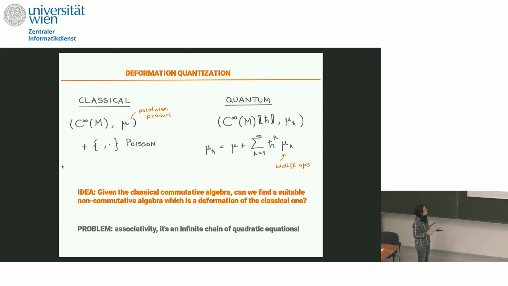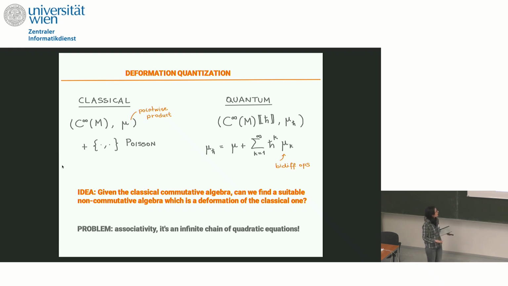So classical mechanics somehow is encoded in what? We have a phase space, which is a smooth manifold with a Poisson structure on it. And what we do is pass to the algebra of observables, so smooth functions on my manifold. This is a commutative algebra because we have a pointwise product on it.